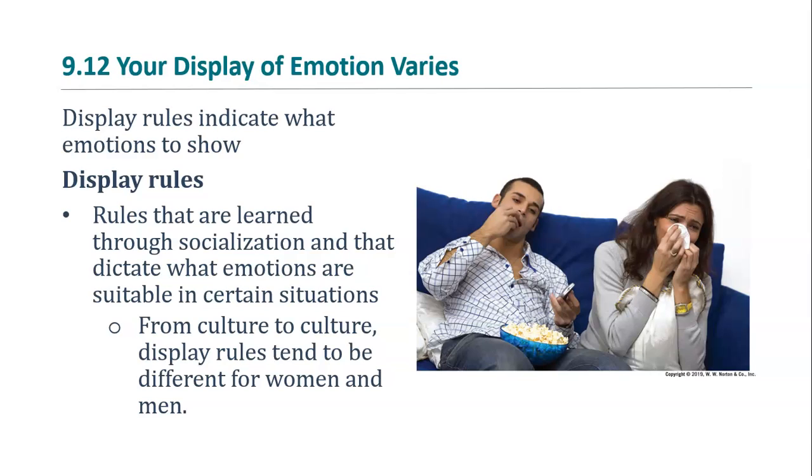The caricature here is that there's a sad movie on, and the woman's allowed to cry, and the man is not. And in American society, women are permitted to express sadness. It's socially acceptable for them to do that, more so than for men. Men, on the other hand, in the United States, are typically permitted to express anger more directly than are women.